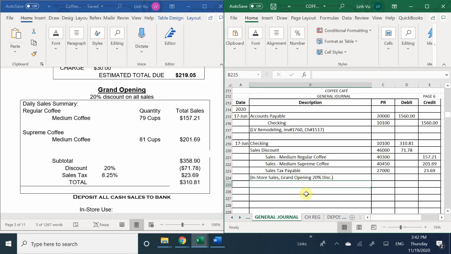Can I ask a question? Go for it. So the columns equaled 382.59, but our subtotal amount is 358.90.